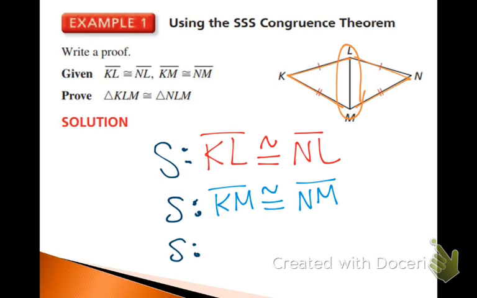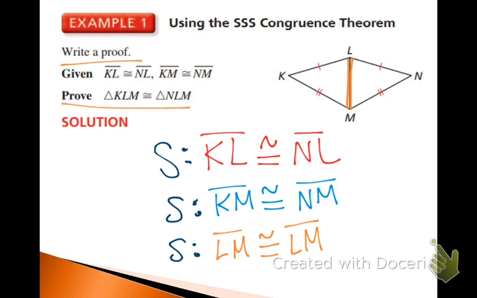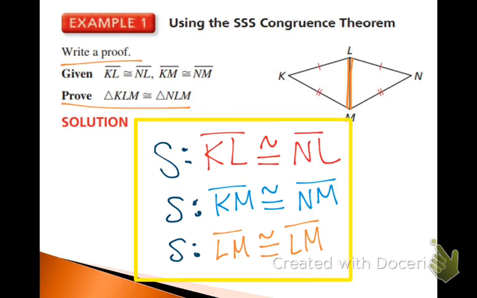Because of the reflexive property, it's not marked, but we know that if KLM has this portion of the side and NLM has this portion of the side, it's the same side, so it is congruent to itself. So you can say LM is congruent to LM. This would be enough information to prove that two triangles are congruent because we have side, side, side. So this would be your final answer.